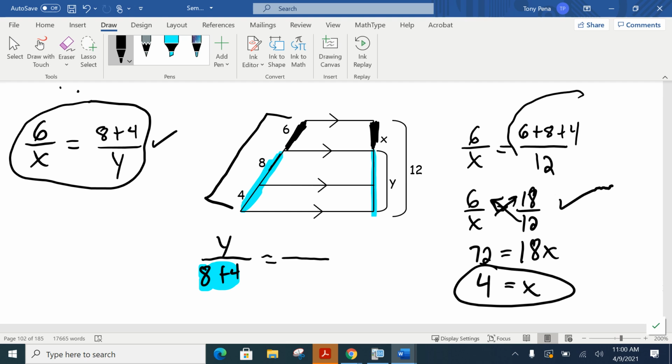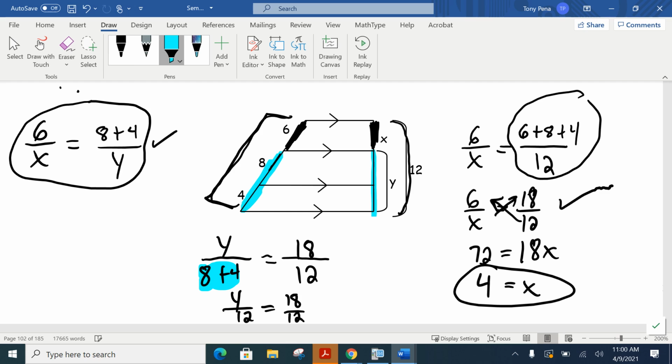Isn't this a complete fraction? This is the entire left-hand side and the entire right-hand side. So we could have once again done that 18 over 12, and then we have another equation that we could quickly solve for. So if you had done y first, that's how we could have gone through and solved for this.